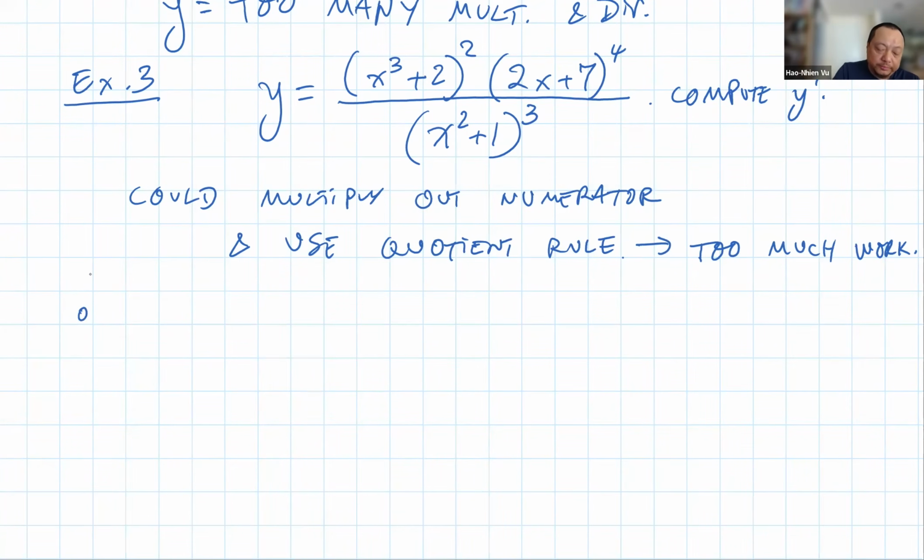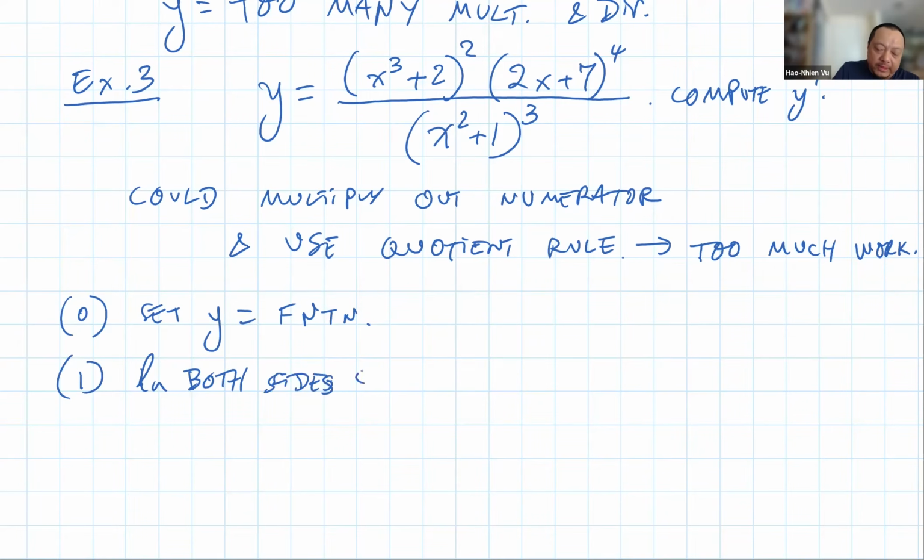Step 0 is to set y equals the function. Step 1 is to ln both sides and simplify. So that's my y. I'm taking ln both sides. Ln of y is equal to ln of all of that.